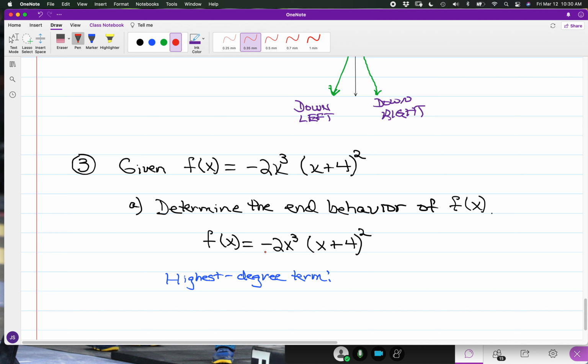So the first factor is negative 2x cubed. Now for x plus 4 to the second.